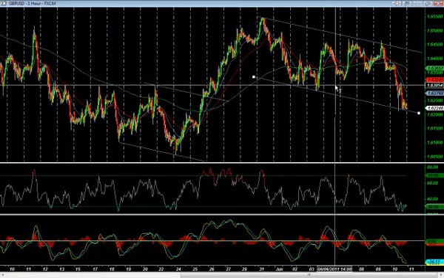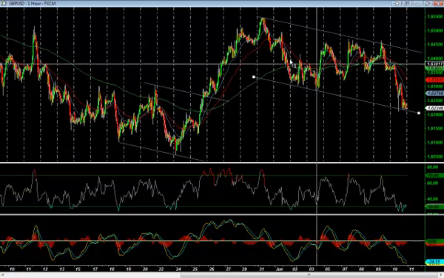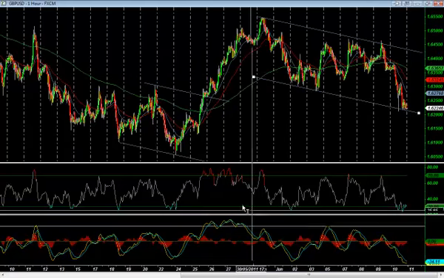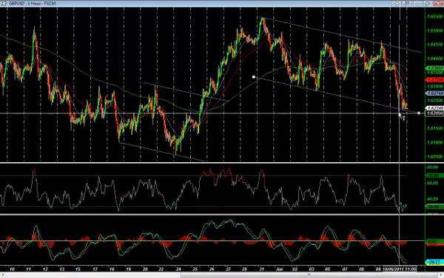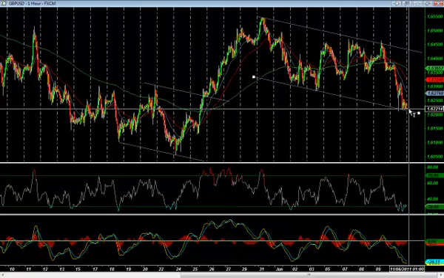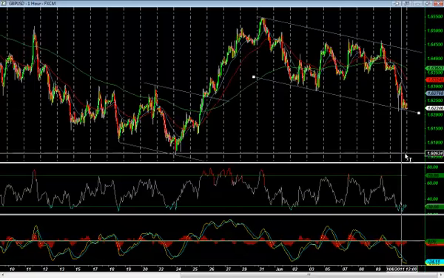This is possibly our inner channel line now. Now these inner channel lines actually tend to either act as support or act as resistance. So if they are broken, then what you wait for is a retest of this and then for a further move down.